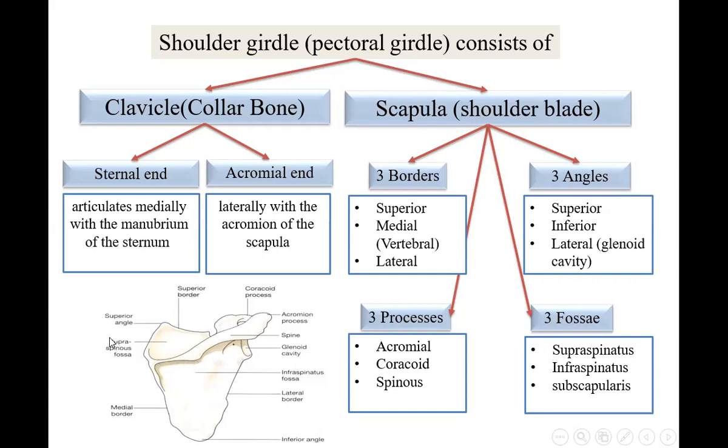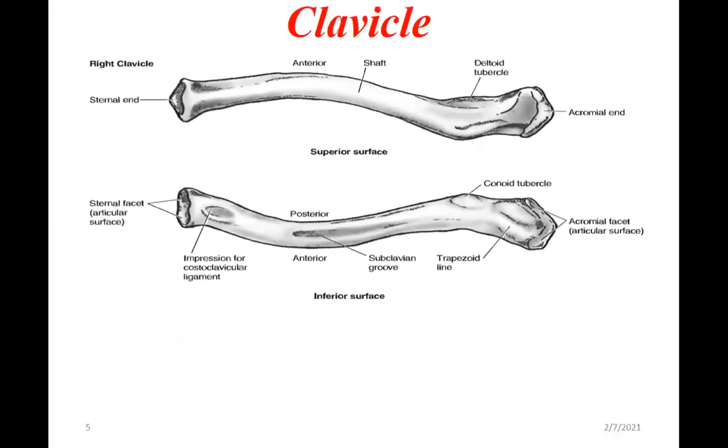So above the spine is the supraspinous fossa, and the infraspinous fossa is below the spine. Then if you see the opposite side, that is called the subscapular fossa. So there are three borders, three angles, three processes, and three fossae. Okay, so this is about the scapula or the shoulder blade.